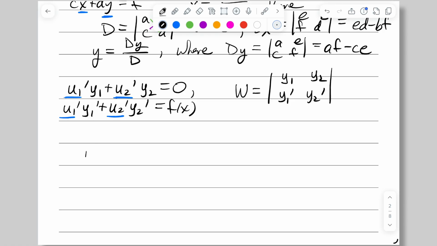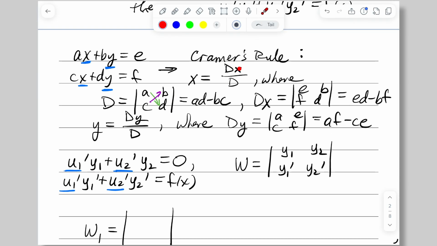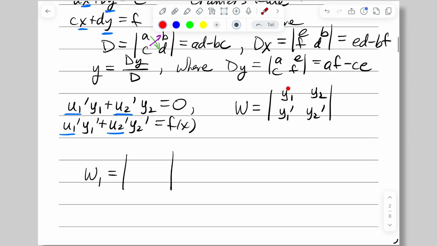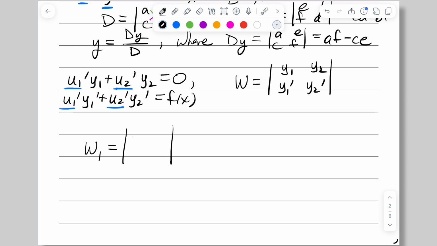I'm also going to write down two other determinants. W1 is equal to, it's just like the Wronskian, except this is basically the dx up here. We're going to replace the first column using what's on the right-hand side of these equations. And what we get from the right-hand side was, suppose u1 prime y1 plus u2 prime y2 is equal to 0. So we have a 0 up there.